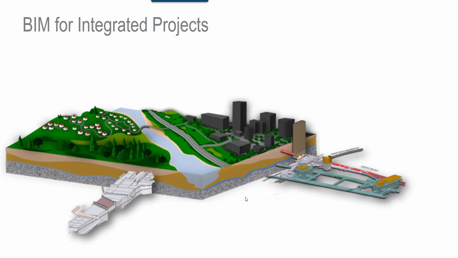A bridge doesn't exist alone. It exists within the roadway corridor. The utilities, the drainage, the sanitary sewer don't exist alone. They exist in relationship to a parking lot, an apartment complex, a roadway, any other type of infrastructure. All of those things need to be working together.